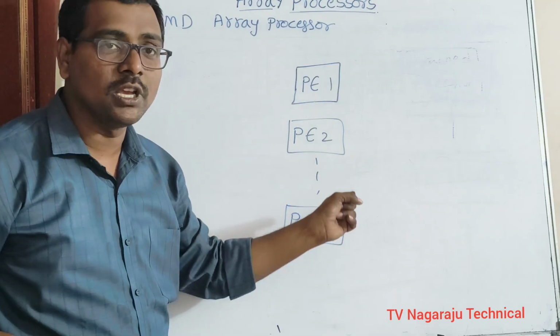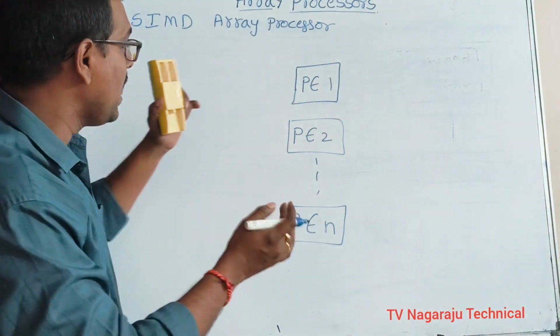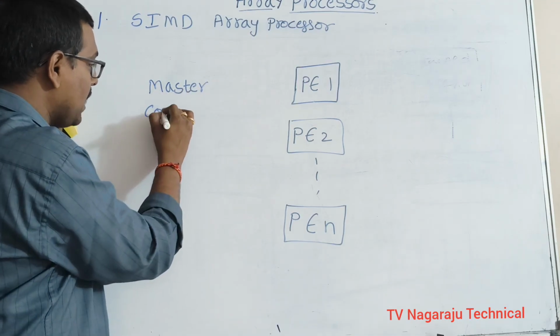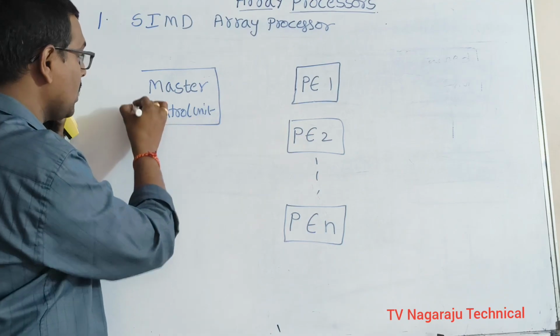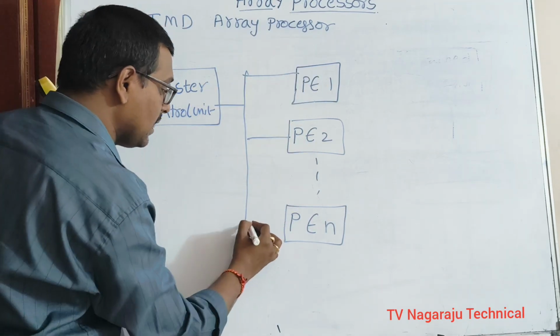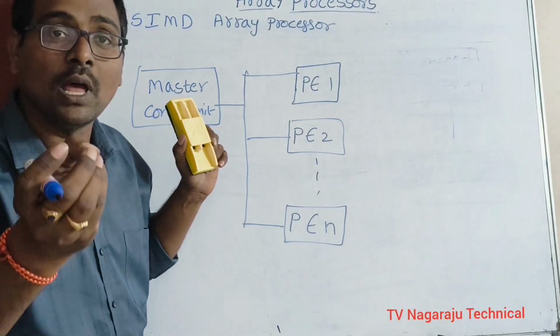All the processing units work in parallel to do some operation, and all work under the control of a master control unit. This master control unit gives the instruction, and based on that instruction, these processing units do the operation.